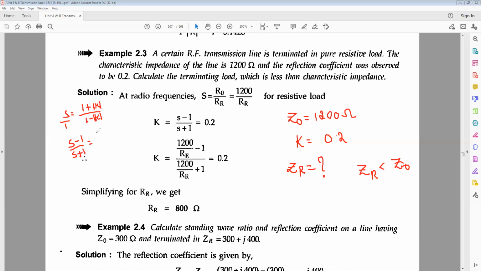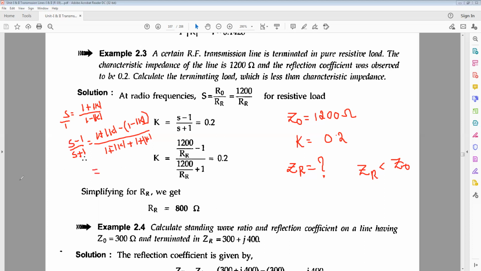And in this, the denominator value is 1 minus the magnitude of K, whole divided by 1 plus K. Got it, my students?